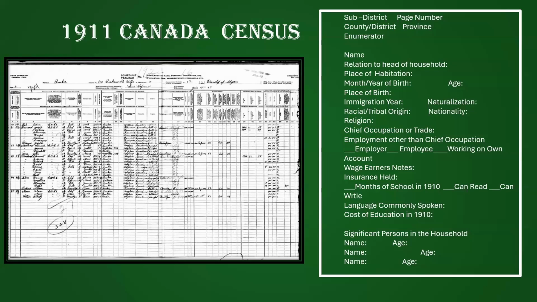It records nationality, racial or tribal origin, religion, spoken languages, literacy, and employment status. And it also captured individual income, offering rare insight into the family's finances. And the 1911 census really reflects a time of major change, showing immigration, the Western expansion, and the growth of Canada itself.